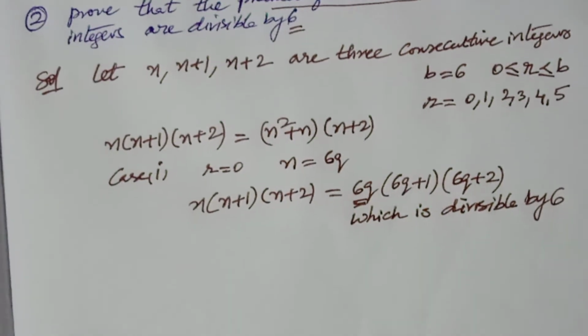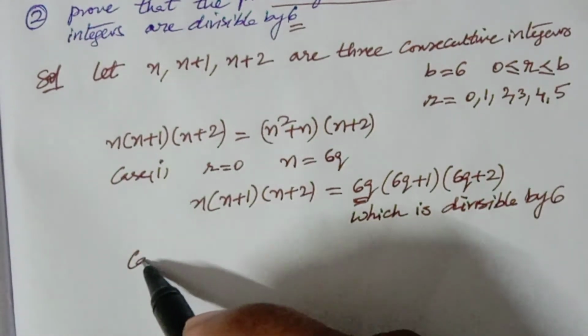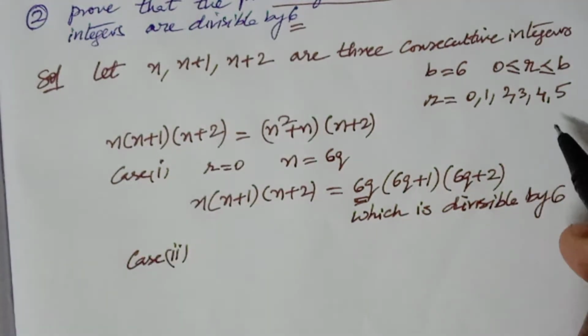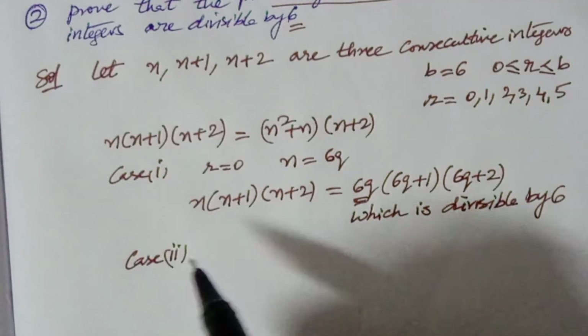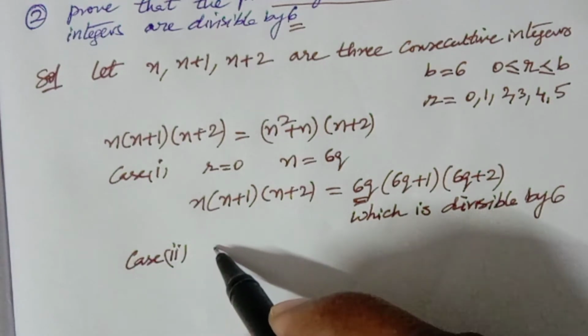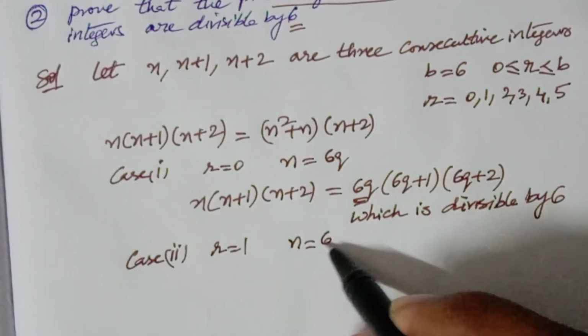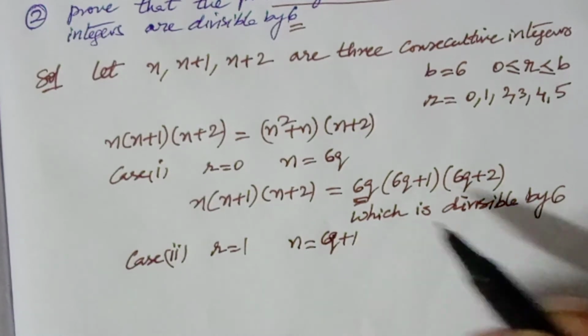Now if you take case 2, like this we will get 6 cases. Here we are taking the first 3 cases and then we will confirm. r is equal to 1, n is equal to 6q plus 1.